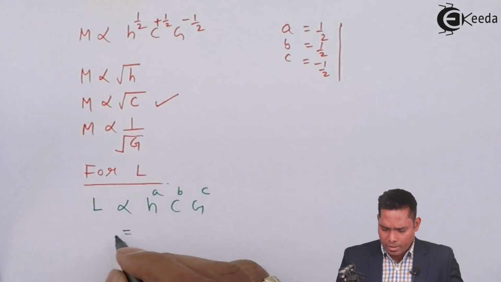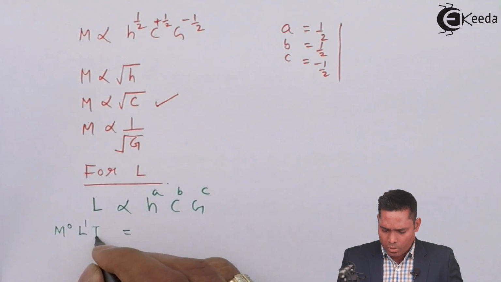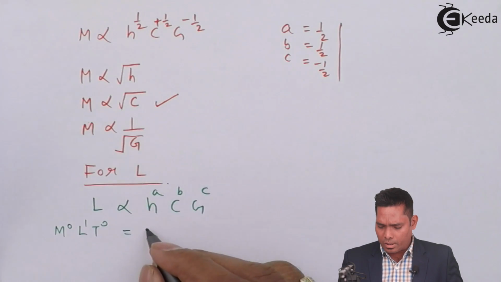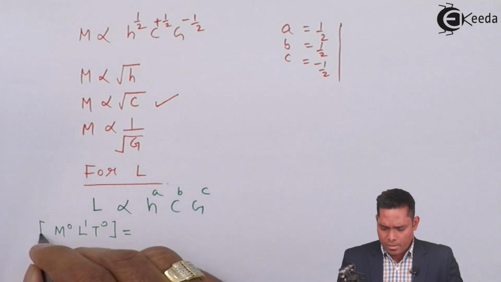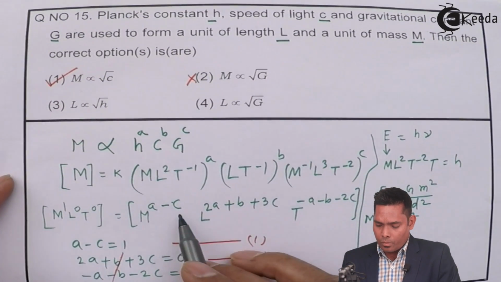So I'm writing the powers: M raised to 0, L raised to 1, T raised to 0, and the right part I'm writing directly because it will not change.